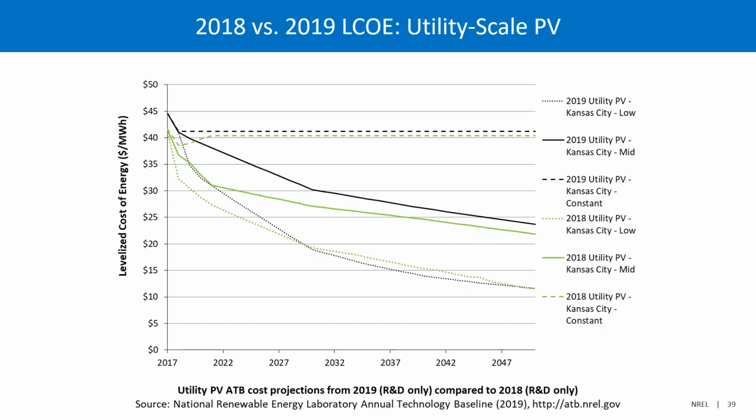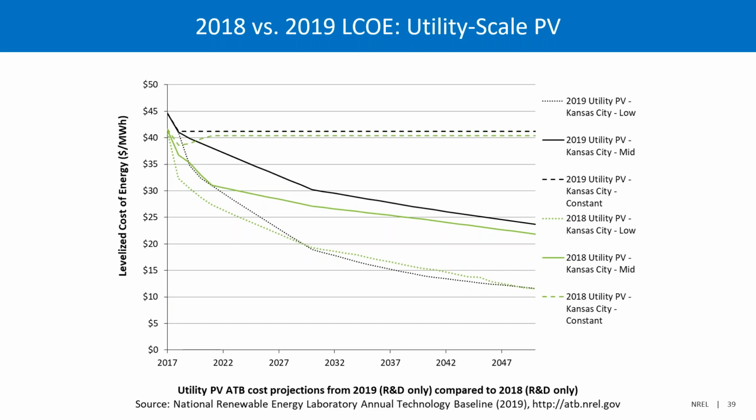We took into account the tariff impact on module price, and we have taken that out this year because we feel there are many other macro factors affecting the price of the module and a PV system, so we didn't want to isolate that. We also felt a lot of the projections we were basing our estimates on had already baked in that tariff anyway. So you'll see that price is relatively constant.